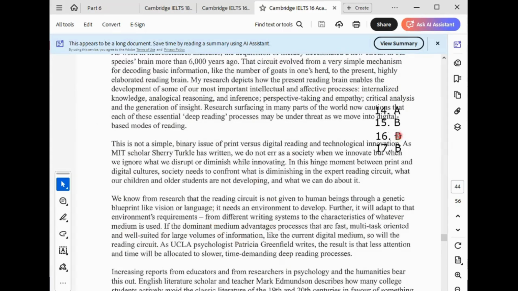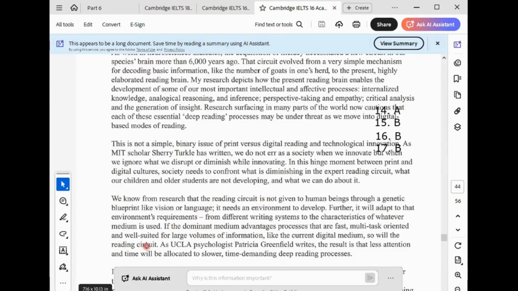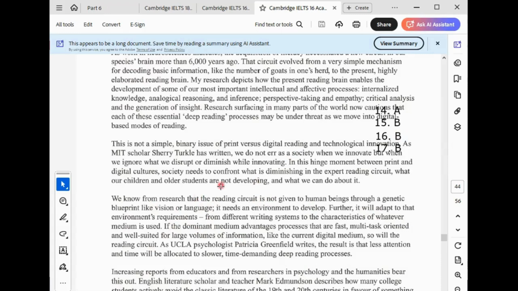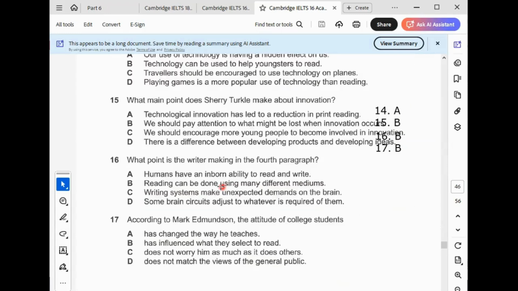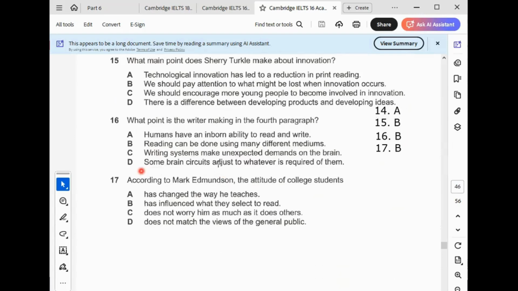I should have noticed that the first sentence is pointing at the reading circuit. The second sentence is pointing at the reading circuit, that it will adapt. The third sentence is also pointing at the reading circuit. So that's option D, and I agree with option D. Some brain circuits adjust to whatever is required of them.